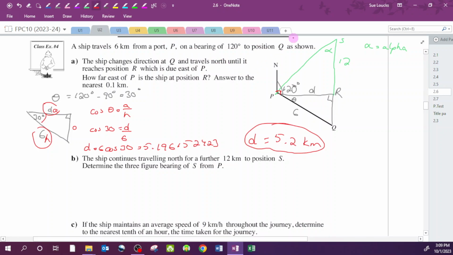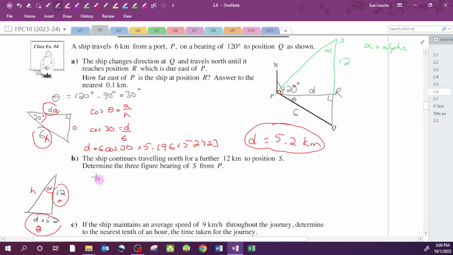Okay, so let me redraw this down here where I'm going to do my calculations. So I have this distance is 12, this distance is d, which is equal to 5.2, and I'm looking for alpha. So I've got my angle, my hypotenuse, my opposite, and my adjacent. And then this is going to be tan.